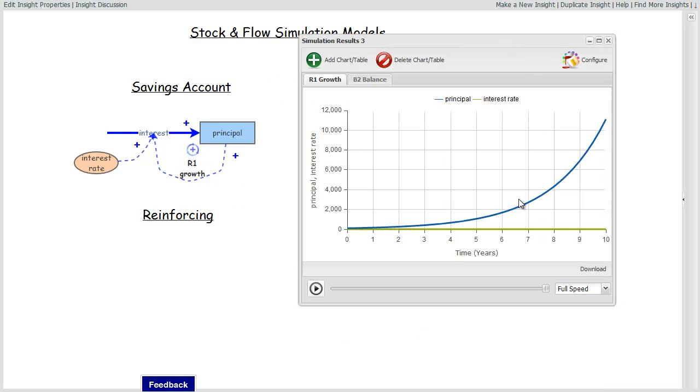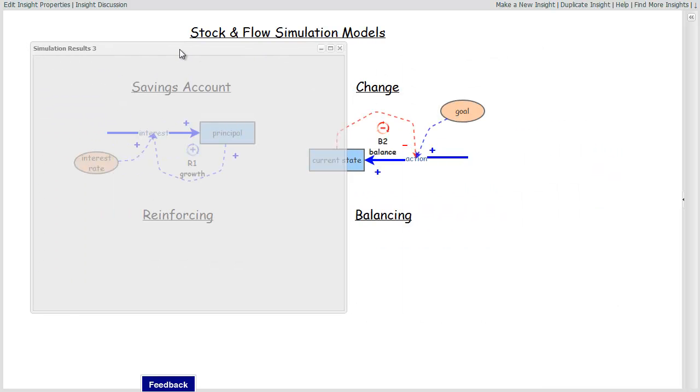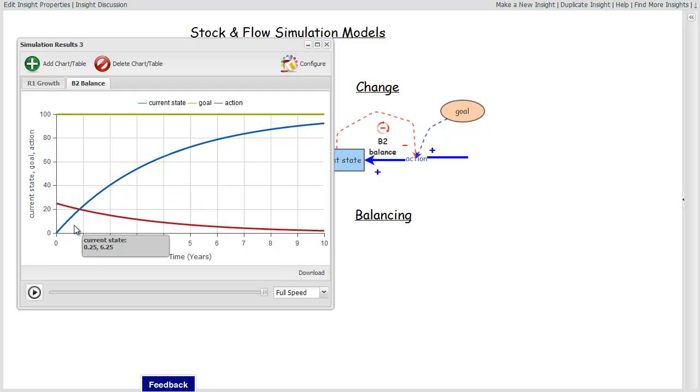This is the exponential growth curve resulting from this interaction, and this is the movement toward balance for this interaction, where this is the goal, this is the initial action, and this is the current state migrating toward the goal. When it finally reaches it, there won't be any more action.